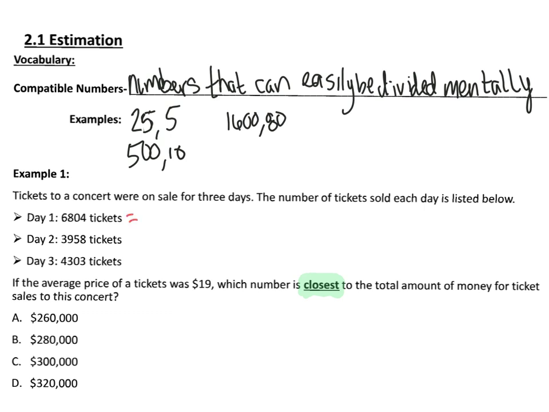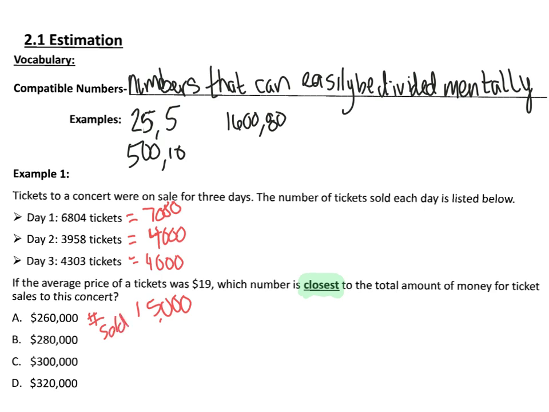So I would round this 6,804 to 7,000. I'm going to round this 3,958 to 4,000. And because I rounded these two up, I'm actually going to round this one down to 4,000 as well. Okay, so I'm going to add all of that up, and I get 15,000. So that's the number of tickets sold.